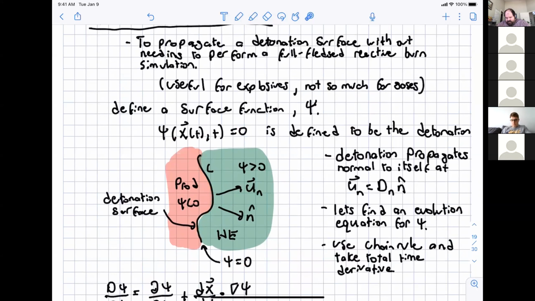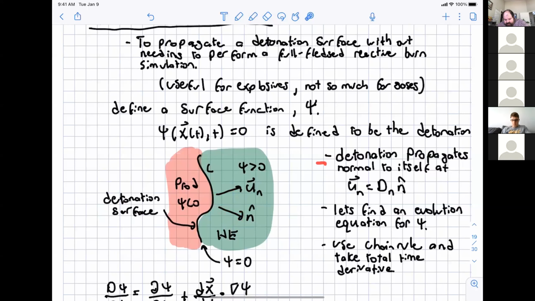And we know that the detonation propagates normal to itself. So if we have a normal vector pointing out here, it's going to propagate normal to itself at some velocity Dn, and it has a different normal vector here, and at this location, it's going to propagate outward normal to itself into the reactants at some other propagation velocity.